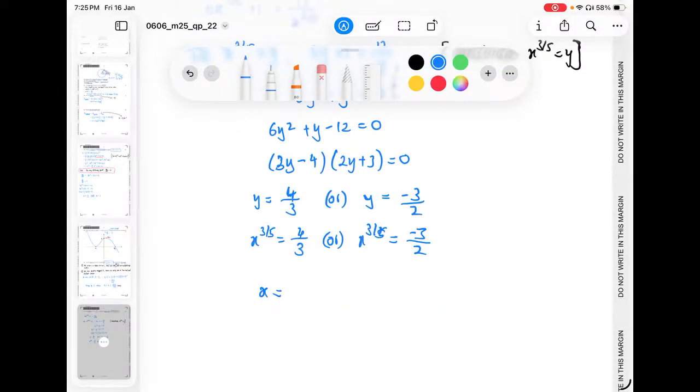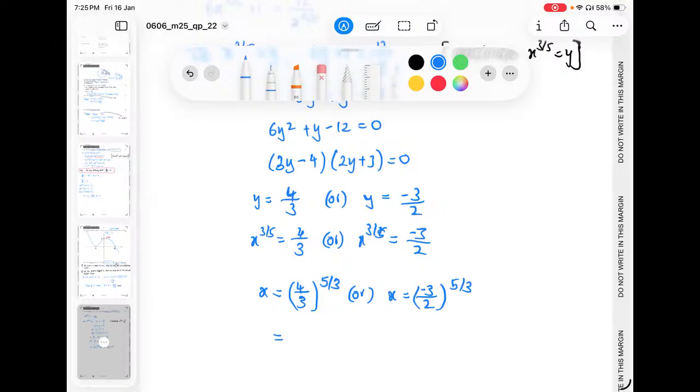So now x is going to be, when you move the 3 over 5 to the other side, 4 over 3 to the power of 5 over 3, or x is going to be negative 3 over 2 to the power of 5 over 3.